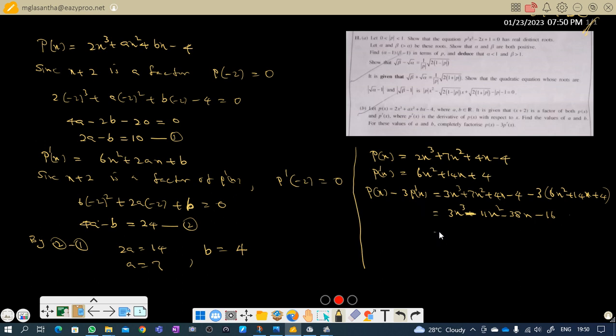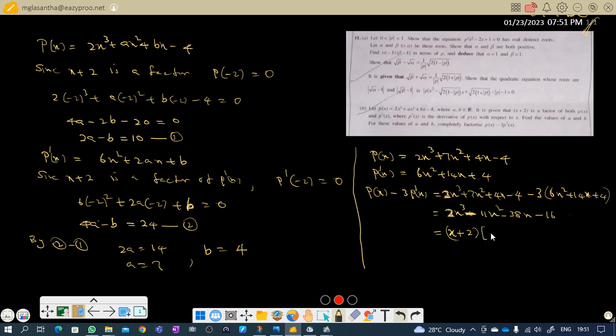Therefore x plus 2 is a factor of this: 2x cubed minus 11x squared minus 38x minus 16. So x plus 2 is a factor of P(x), and x plus 2 is a factor of P'(x). Therefore x plus 2 is a factor.